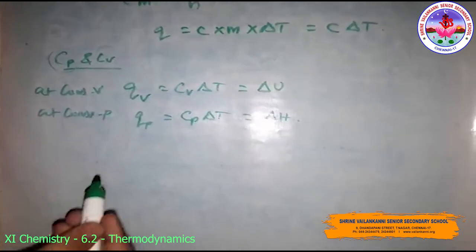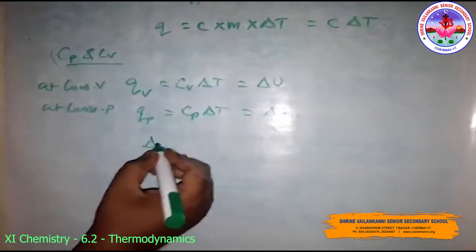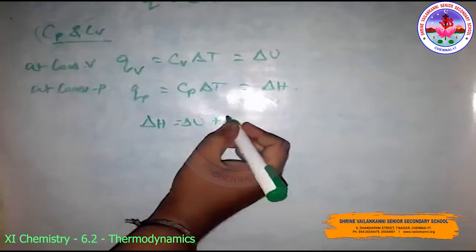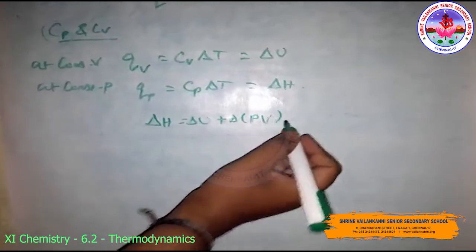For 1 mole of an ideal gas, delta H is equal to delta U plus delta PV.